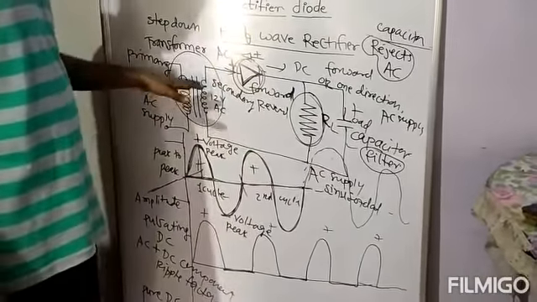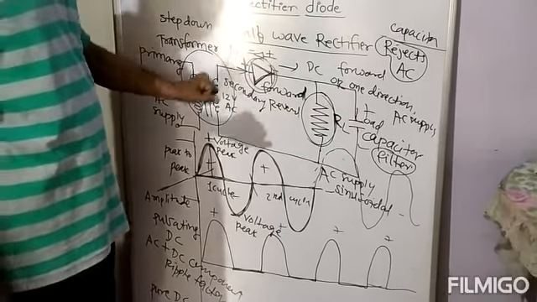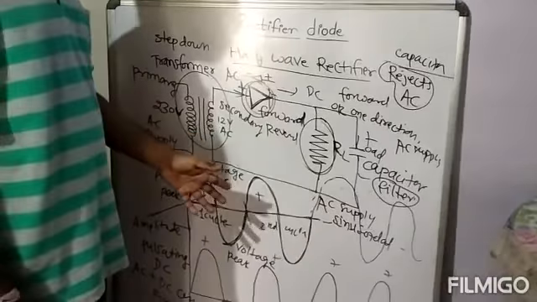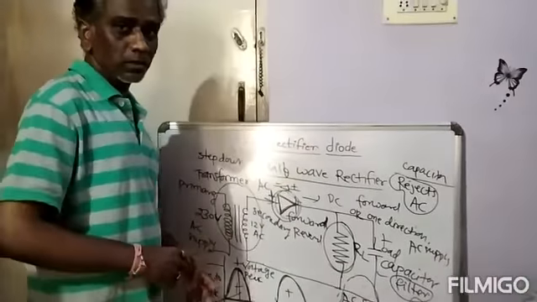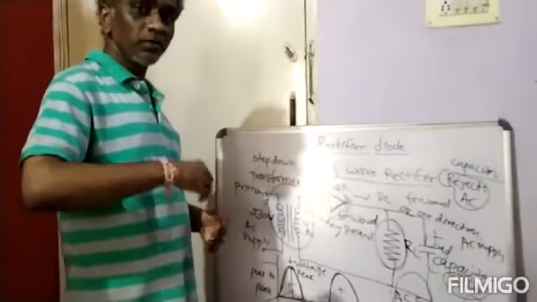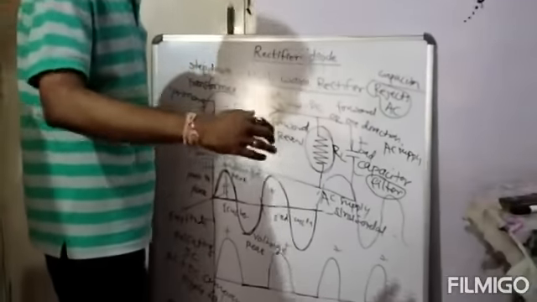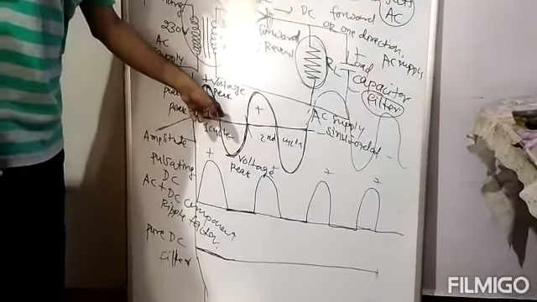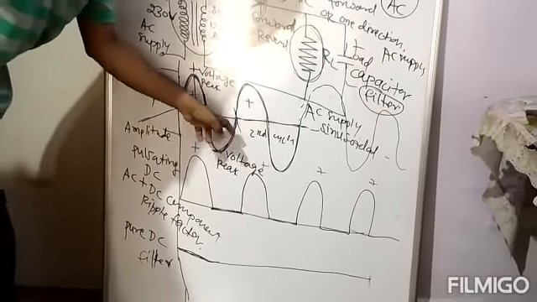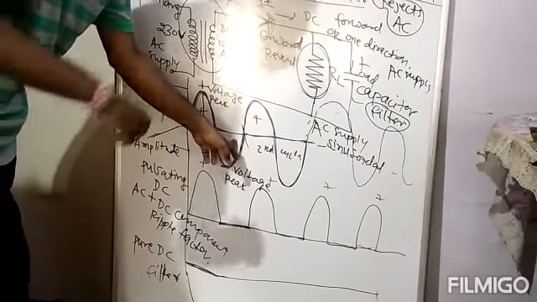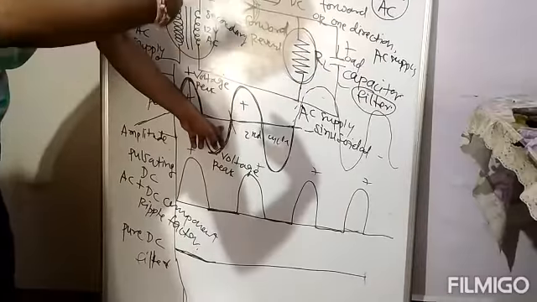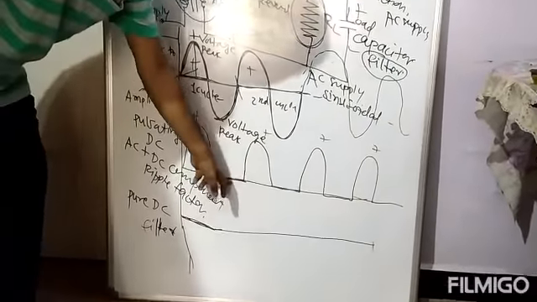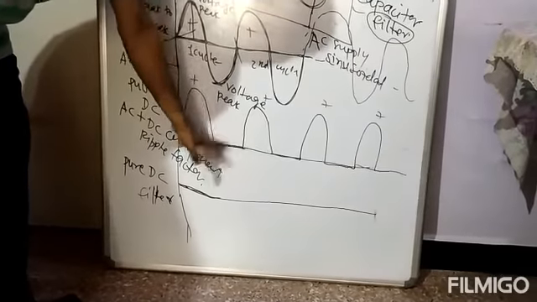But the flow of electrons is only in one direction, that is the forward direction. For the first positive half cycle, there is conduction. For the first negative half cycle, the diode goes to the reverse direction and hence the circuit opens, so there is no flow of electrons.